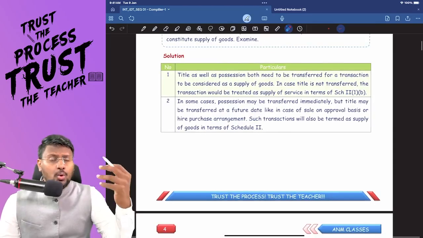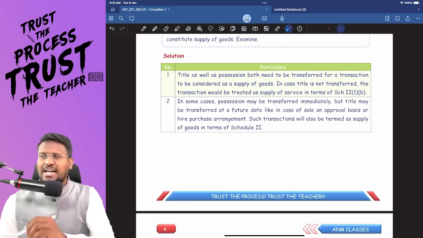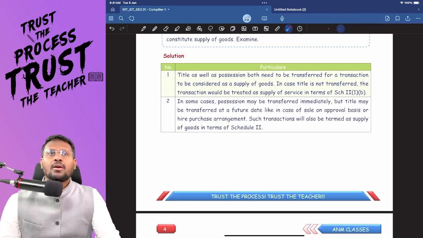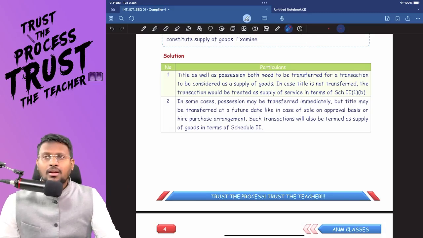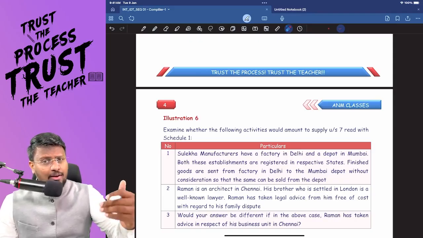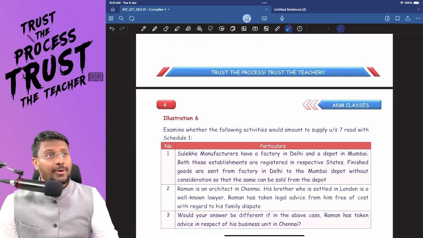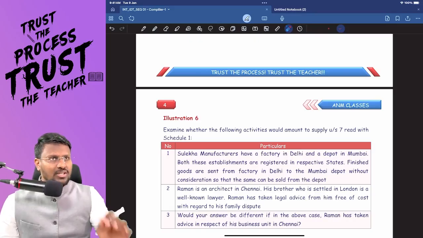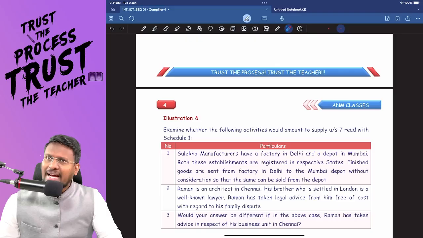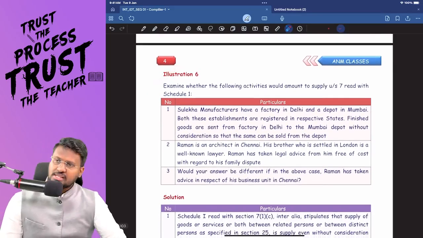So in order to be a supply of goods, two conditions should be cumulatively satisfied: number 1, transfer of title, and number 2, transfer of possession. Sometimes possession will transfer now itself, but the title may be transferred on a future date, like hire purchase or sale on approval, and still it will be treated as supply of goods. Comfortable, sir? Moving into illustration number 6.